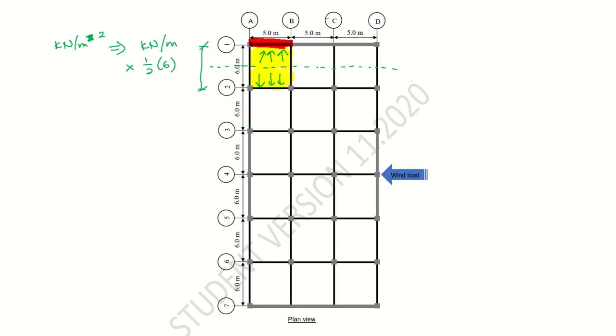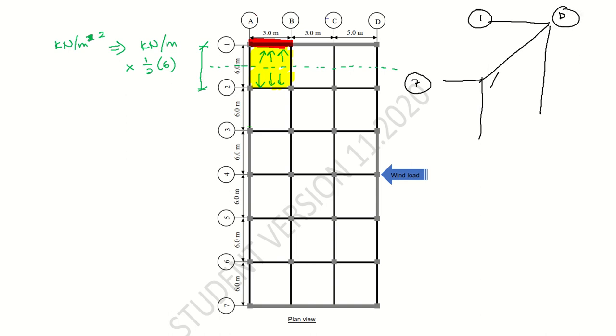So imagine this in a 3D view. Let's say this is your grid line 7, this is your grid line 1, and this is your grid line D. So what is the surface area of this part here?